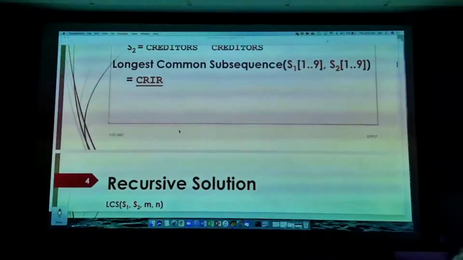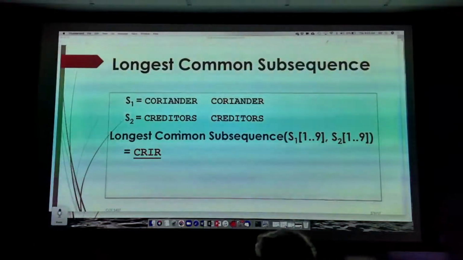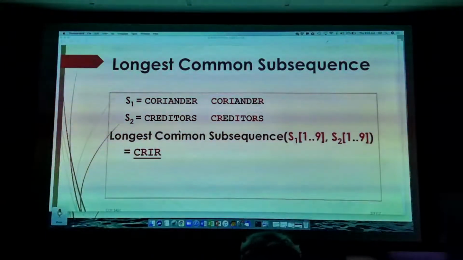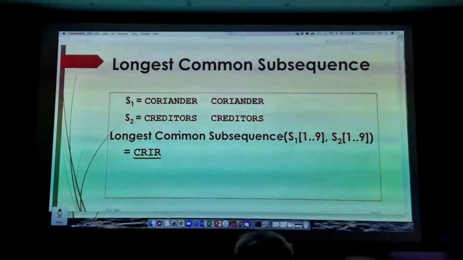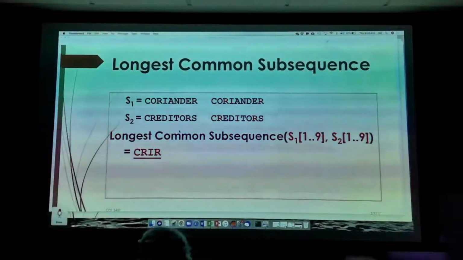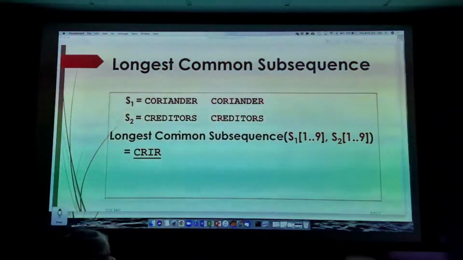To figure this out, the dynamic programming approach says the first thing is, of course, to understand the problem. We've understood the problem. We are very clear about what a subsequence is. We know that the characters don't have to be next to each other. We know that they have to be in the same order in both of them.